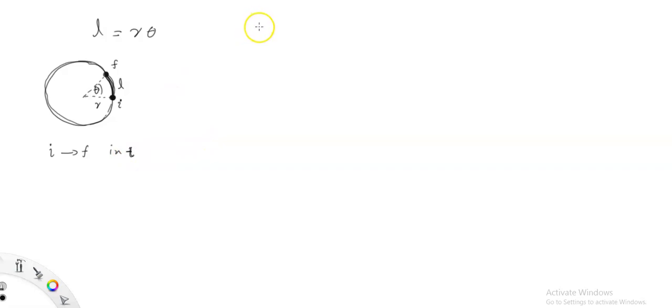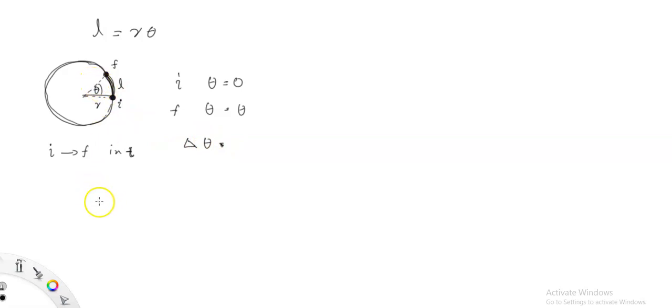So here the angle changed. Initially you can say theta was 0, right? Finally the angle became whatever theta we have. So we have a change in angle, it goes from here to here.